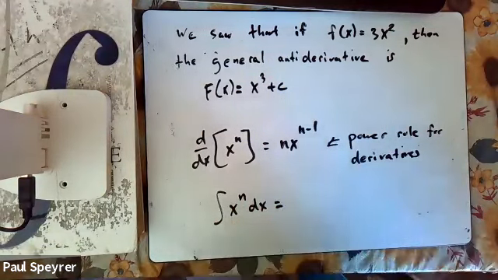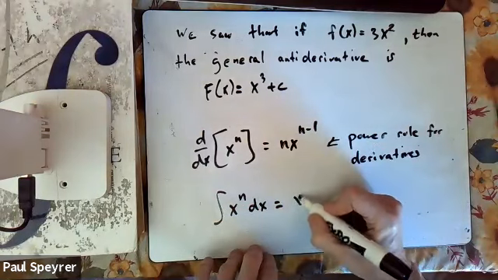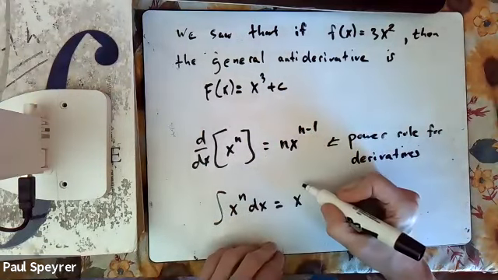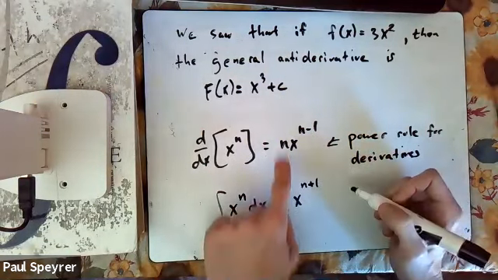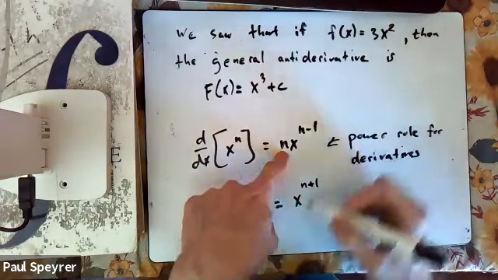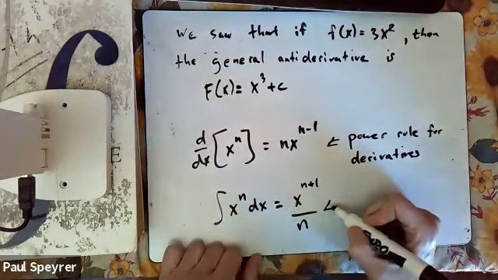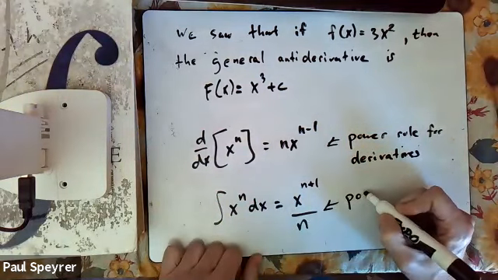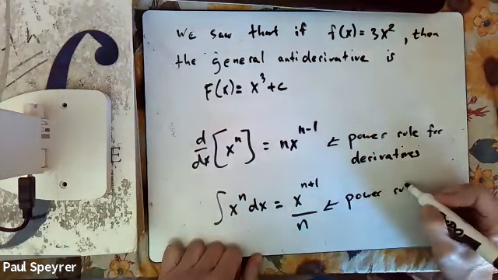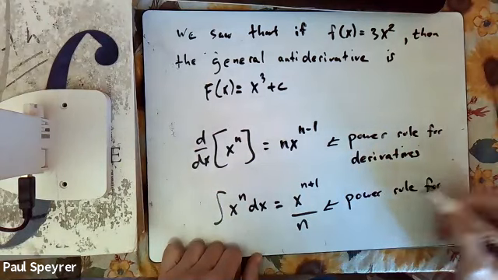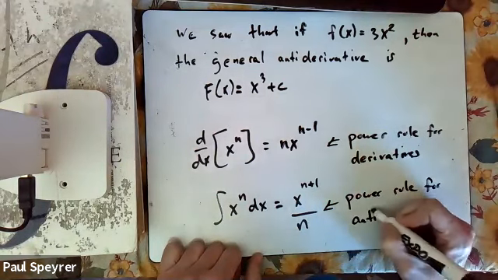So everything's opposite. Instead of x to the n minus 1, we'd have n plus 1. And instead of dropping an n down, we would divide by n like that. So this is like the power rule for antiderivatives.